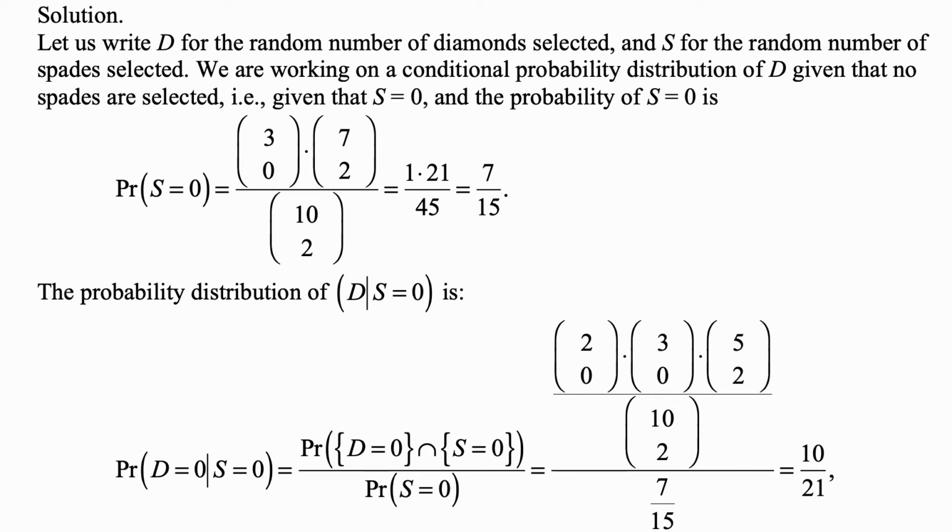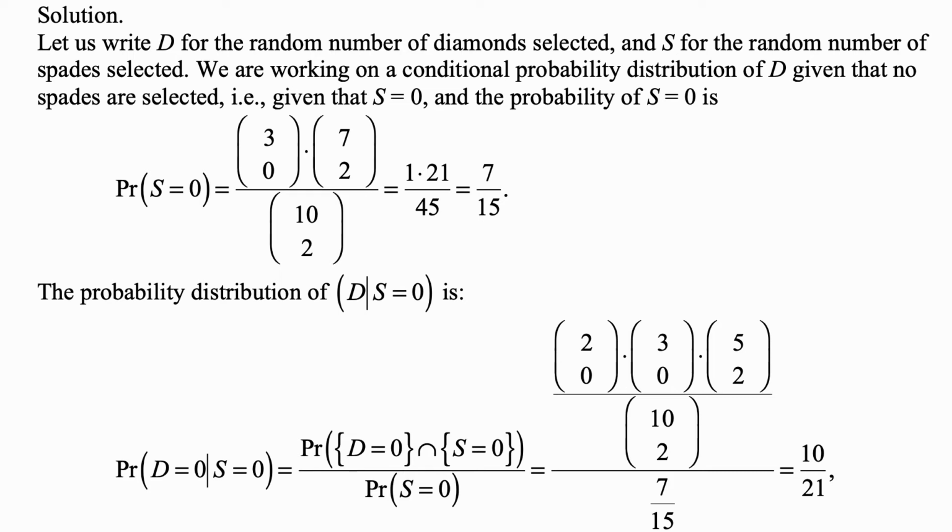The probability distribution of D conditional on S equal to 0 is, well, we're just describing all the possible values of what D can be, and D in this situation can be 0, 1, or 2, because that's how many diamonds we have available, a maximum of 2.